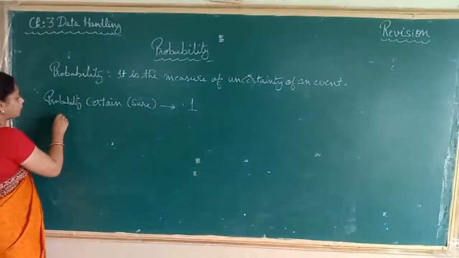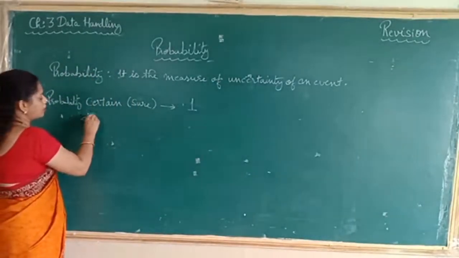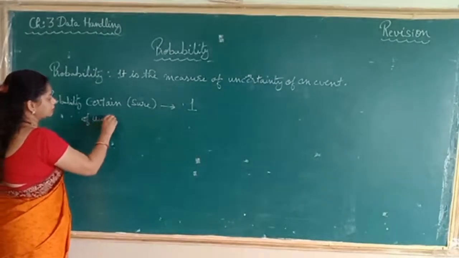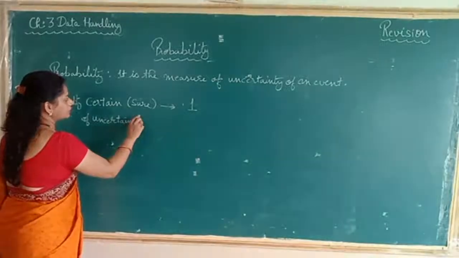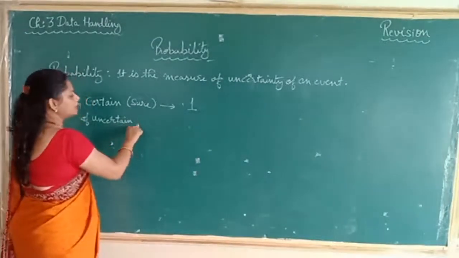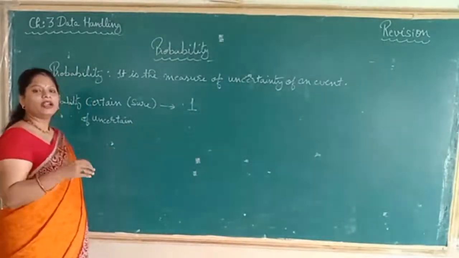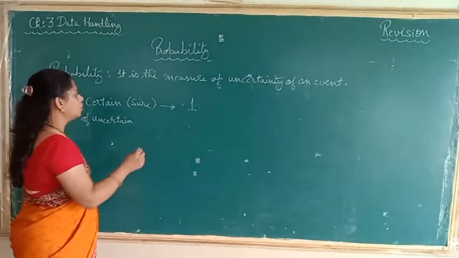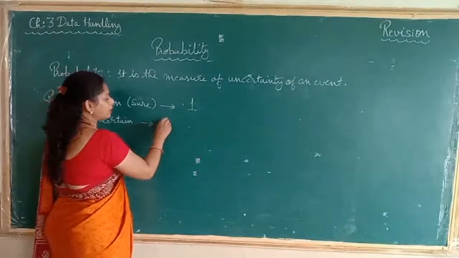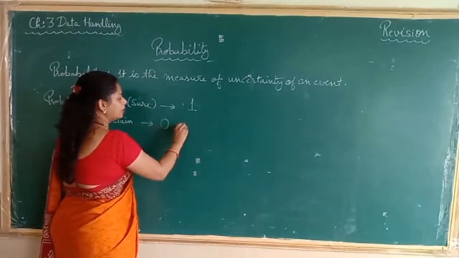And what is the probability of an uncertain event? Uncertain means we are not sure whether it will happen or not. So that lies between 0 and 1.